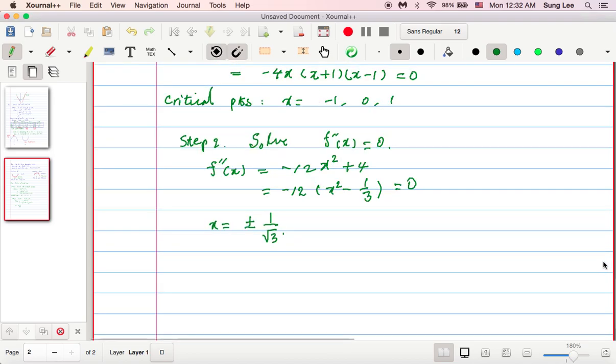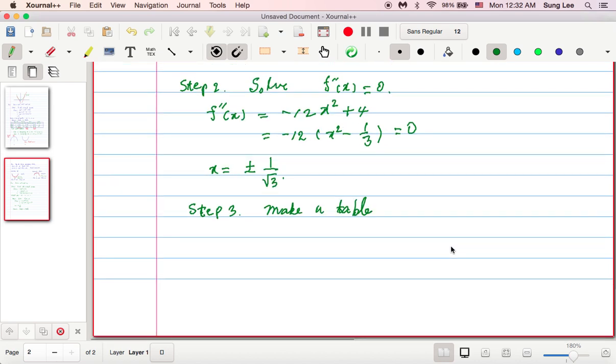So now step 3, I think we gathered enough information. Step 3, like I did for the first derivative test, we are going to make a table to see the whole picture of what's going on.